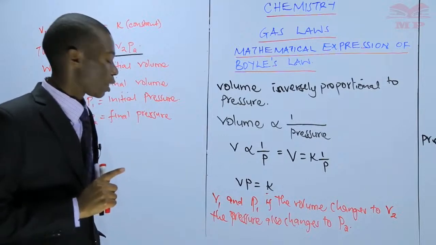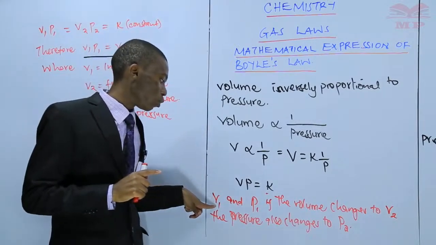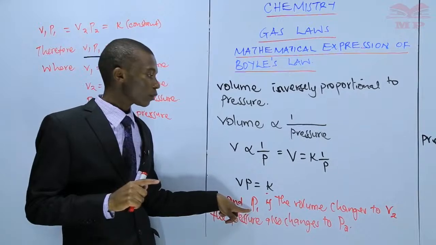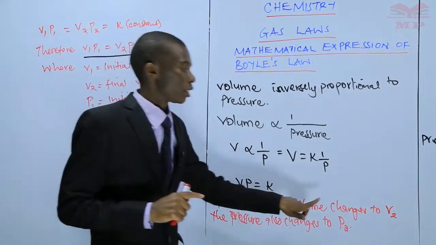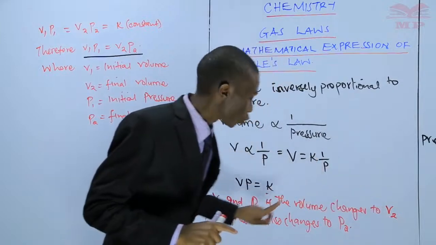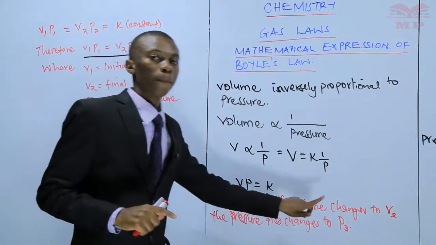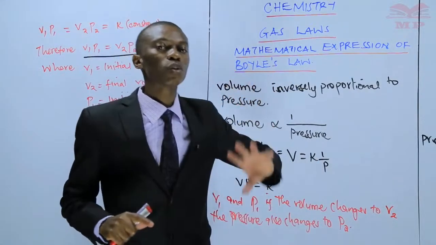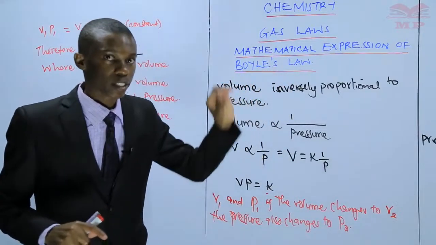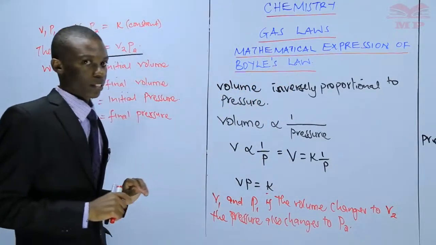And that's why I've said that if you have volume V1 at pressure P1, if the volume changes to V2, the pressure also changes to P2, because anytime you raise or lower the volume, the pressure will also rise or go down at the same time.